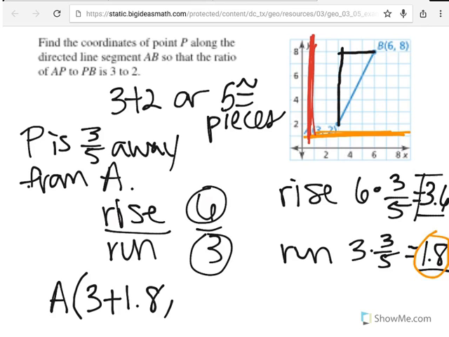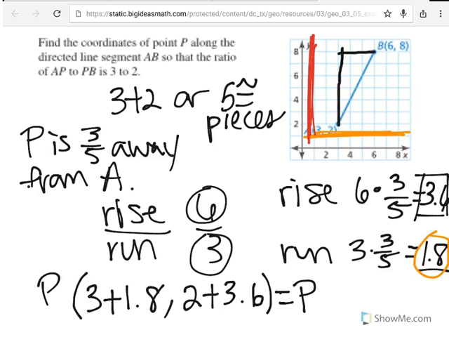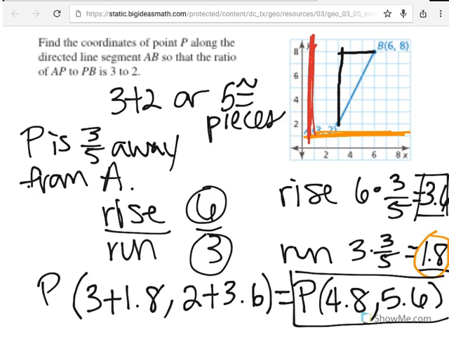So I'm going to take the 3.6 and add it to my Y value of A. So we get 2 plus 3.6. So that means where I need to put point P. Sorry, this should be a P, not an A. 3 plus 1.8 is 4.8. 2 plus 3.6 is 5.6. And that's where point P needs to be placed.